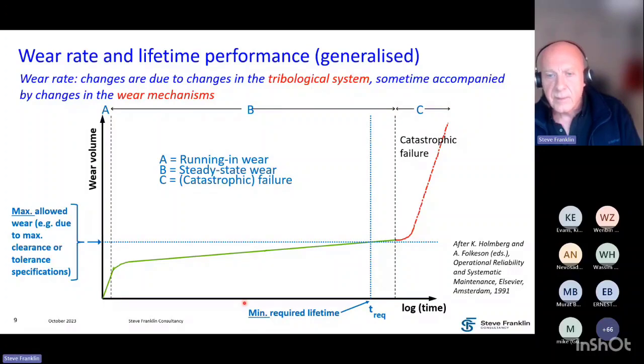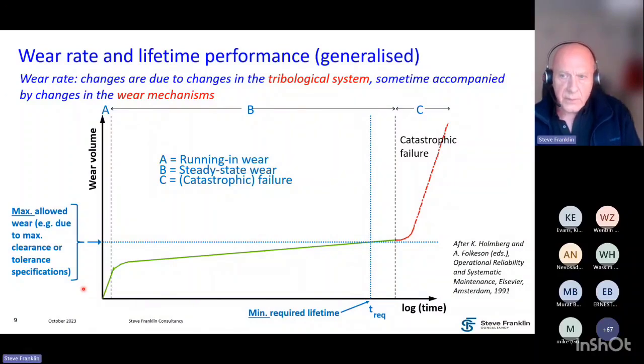And that maximum cannot be exceeded within the required lifetime of that product or application. So then you have a minimum required lifetime, the dotted line here. And if all goes well, then the process of wear over time doesn't exceed this maximum allowed wear within the minimum required lifetime.